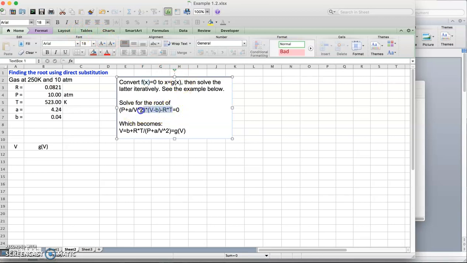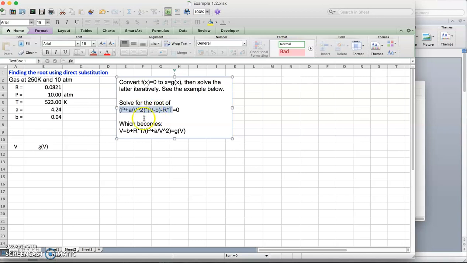If I want to find the root of this using direct substitution, then we have to convert this into the variable, which is v in here, not x, because now everything is in terms of v. V is our variable. So I have to convert this to v equals something else. To do that, I'm going to add RT to both sides, and then divide through by p plus a over v squared, and then add v to both sides again.